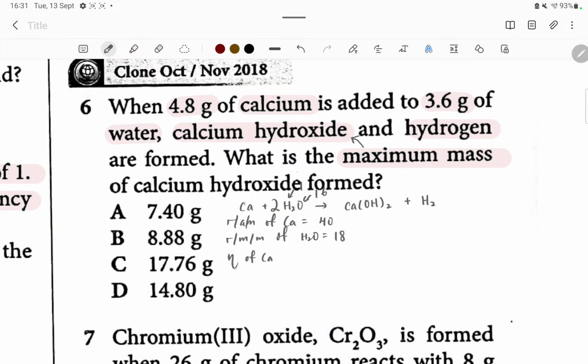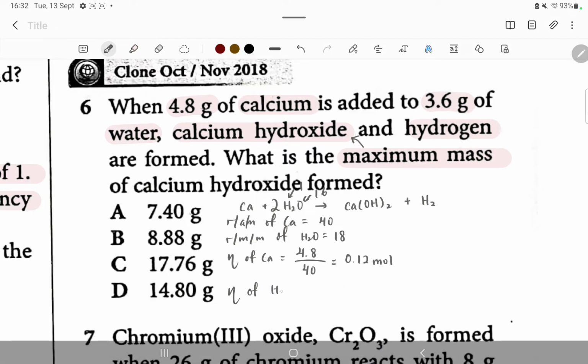Normally I'll use this equation for number of moles. This one is 4.8 over 40. When you press calculator, you should get 0.12 mole. And then number of moles of water, 3.6 over 18.